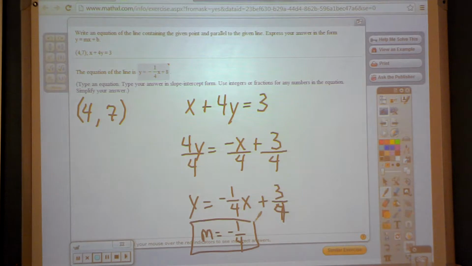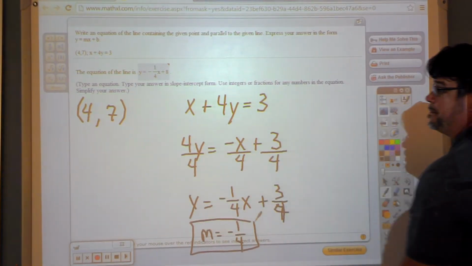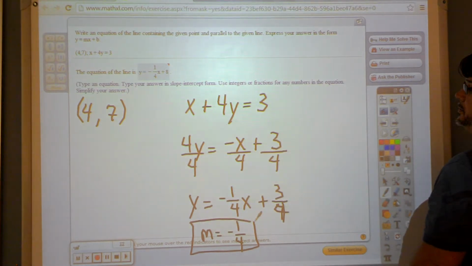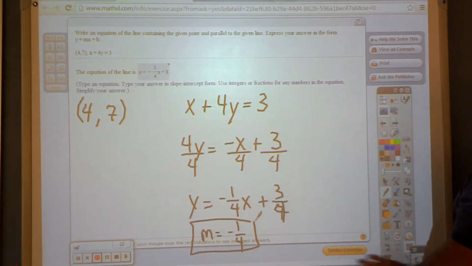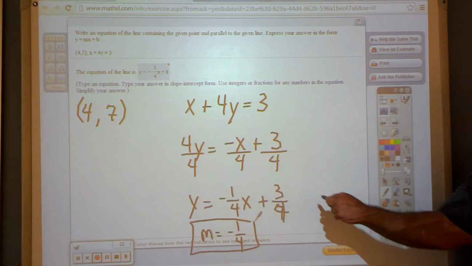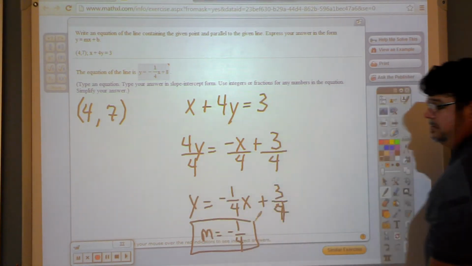So if you had to graph this, you would graph (4, 7), and then you would look at the 3/4 and go, no, we're not even talking about graphing this. But if you were to graph it, you would plug in points right here, y by itself.